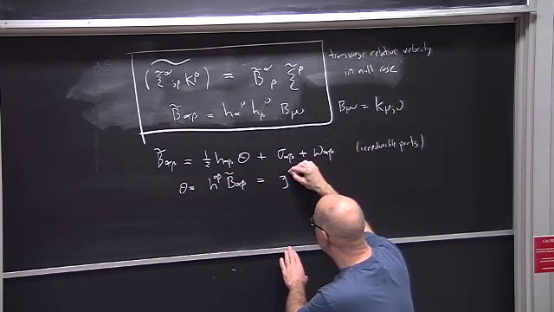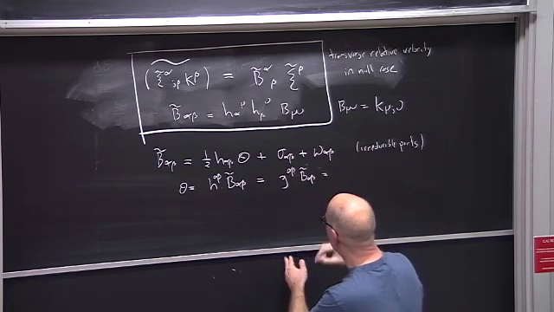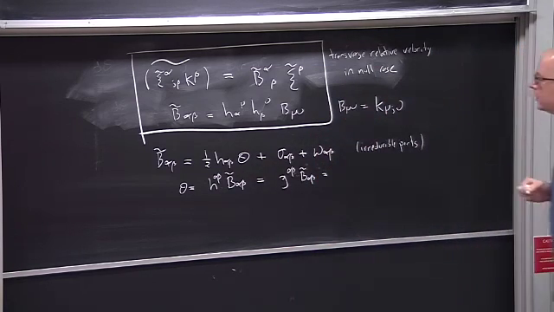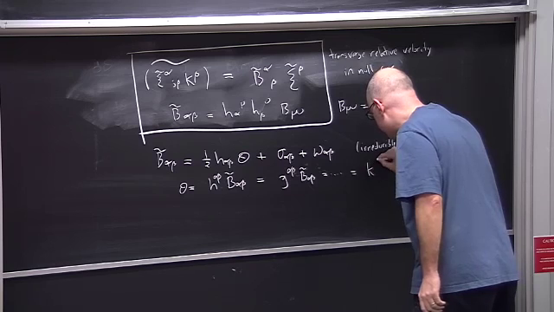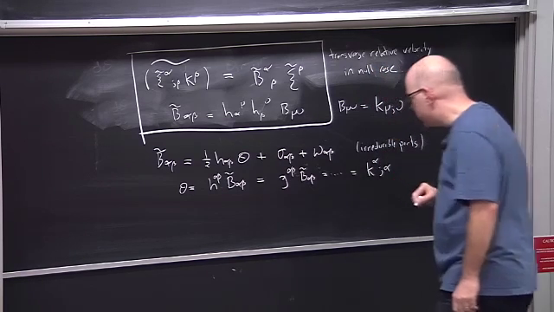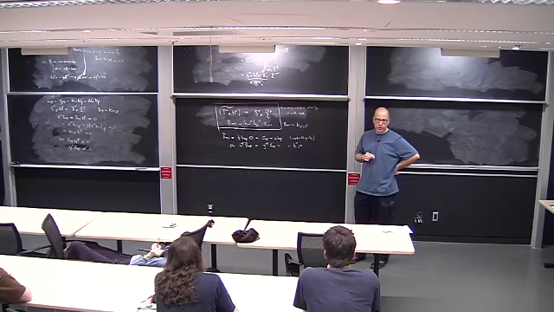And if you boil it all down, I'll do the rest of the calculation in a second, but after some steps here, you find that this is just, again, the usual four-dimensional divergence of the vector field K. I have to complete the calculation to convince you that this is really true.